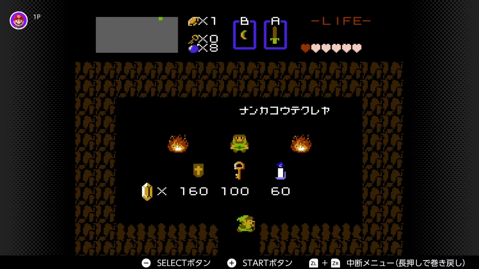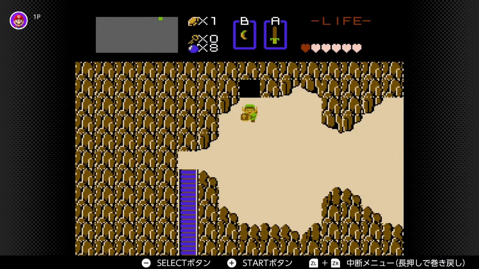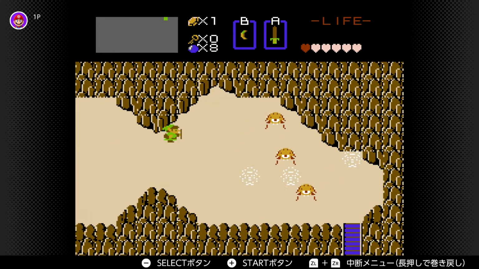Okay, another shop. This one, oh boy, we should have kept our money, because this is a much more important item than the arrows. But let's remember that it's here to get it when we have 60 rupees.